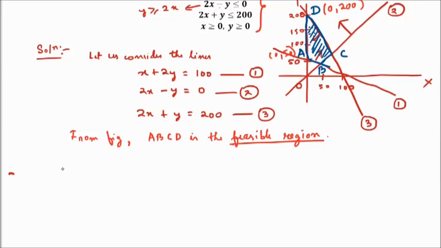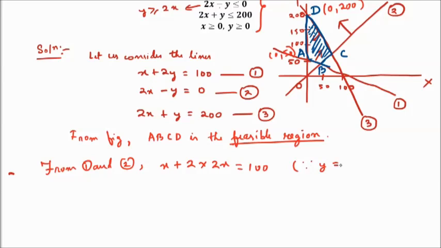Now to find the coordinates of B, let us solve equation number 1 and 2. So from 1 and 2, if I solve, what I will get is x plus 2 into 2x equal to 100.